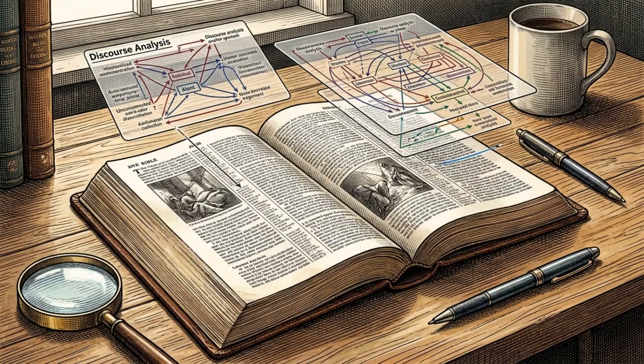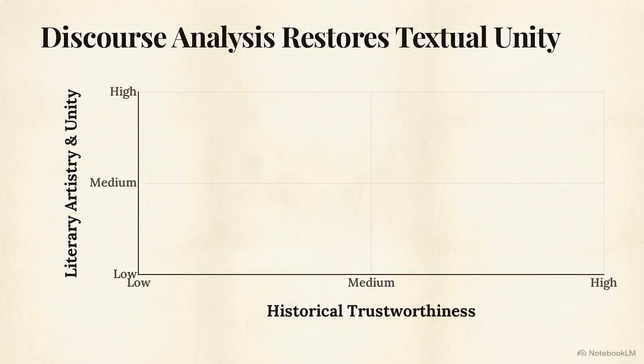Recognizing this, many modern evangelical scholars are co-opting the tools of rhetorical criticism to defend both textual unity and historicity. This chart maps the current academic landscape based on how different schools treat the biblical text. Source criticism sits low on both axes, while secular rhetorical critics acknowledge high artistry but deny historical truth.